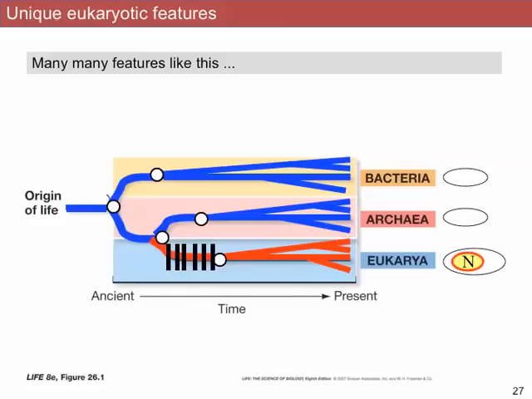It turns out there are an enormous number of features like this. Massive or many separate events happened in the lineage leading up to the common ancestor of eukaryotes. We will talk about some of these throughout the class. That led to a large number of differences between eukaryotes on the one hand and bacteria and archaea on the other.